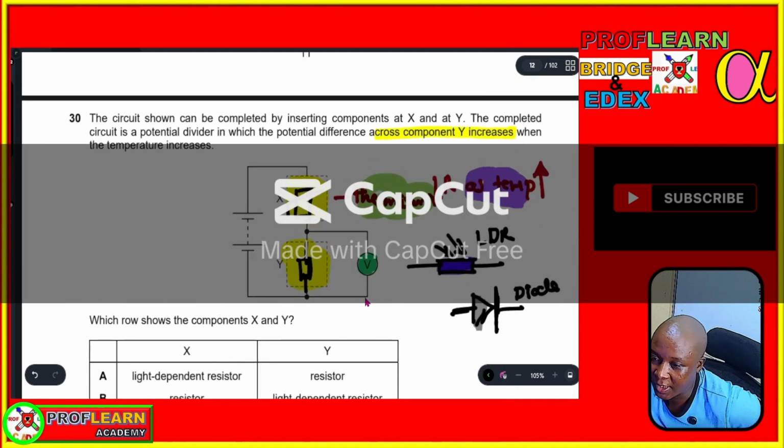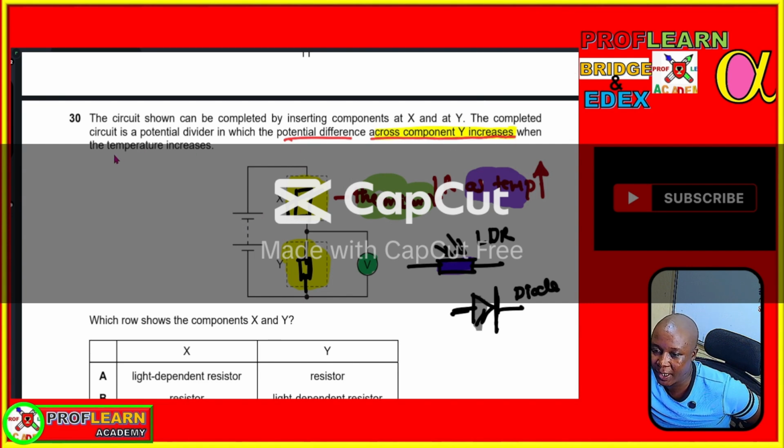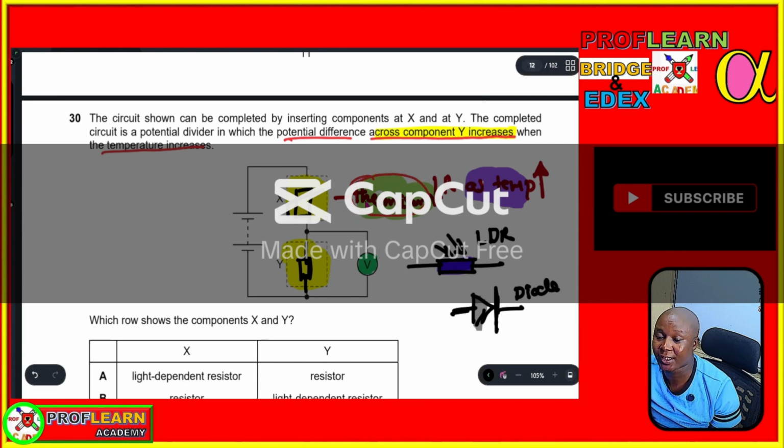Question 30 says the circuit shown can be completed by inserting components X and Y. We are told that the potential difference across Y increases when temperature increases. If we are told about temperature, then we are talking about a thermistor, because a thermistor is the only device whose resistance is affected by temperature.